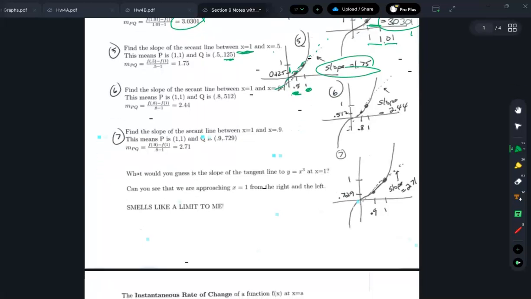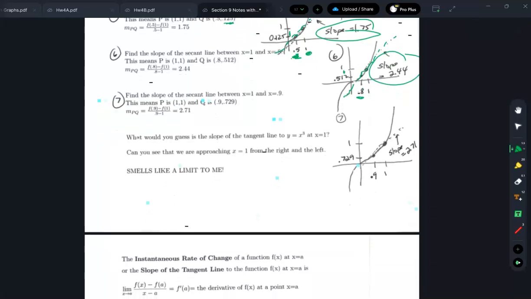I do the same thing, only I'm not using 0.5, I'm using 0.8. And that 0.8 is getting closer. Change in y values over change in x values, I get that slope. Then if I chose 0.9 and put 0.9 into the cubic function, I get this. So this slope turns out to be this.